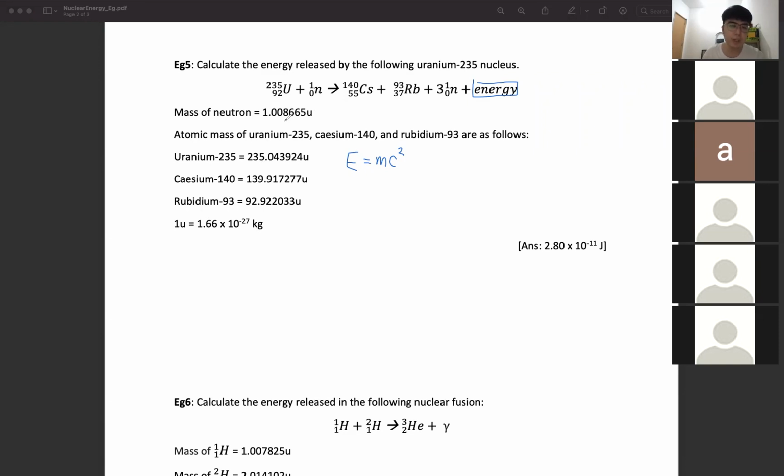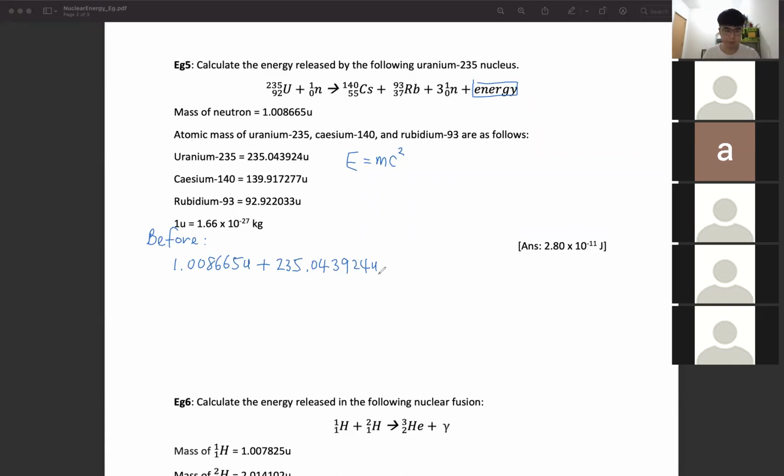We can calculate in u first. The mass of neutron before we get 1.008665 u plus the mass of uranium 235.043924 u. If you can, you take all the decimals.